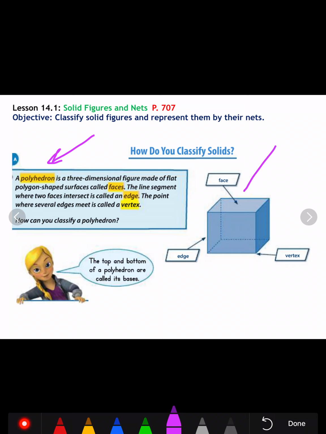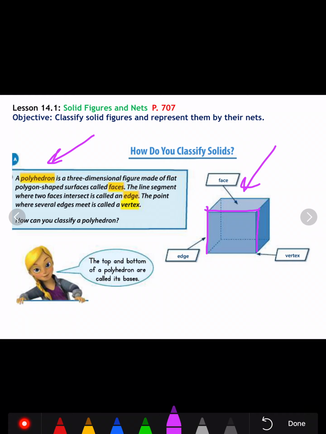It's a polygon, and we call these surfaces faces. So this is a face, as you can see. In this rectangular prism, this cube, we have 6 faces: up and down, left and right, and back and front. Now the line segment where two faces intersect is called an edge. So this is an edge, and this is an edge.